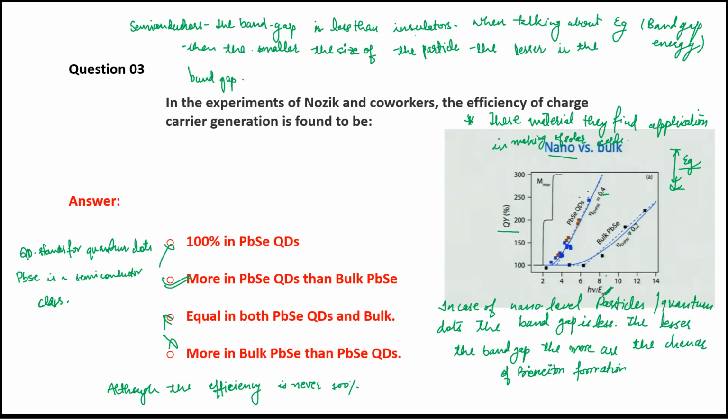So we found out that the band gap directly depends on the size of the particle. In case of bulk, the band gap is more, and thus in case of quantum dots or nano level particles, the band gap is less.